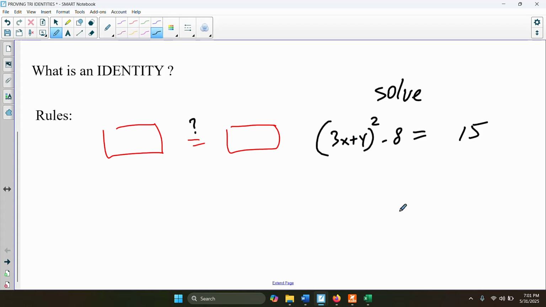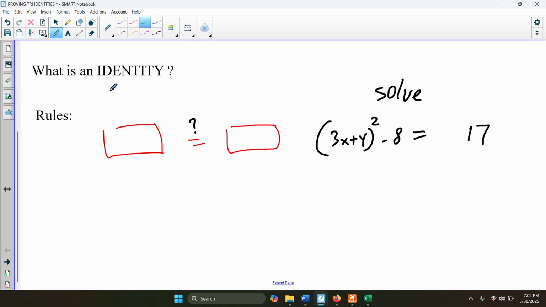In fact, let me put 17 here to make it actually doable. Your first step would be, oh, I'm going to add 8 to both sides, and I'm going to take the square root of both sides.